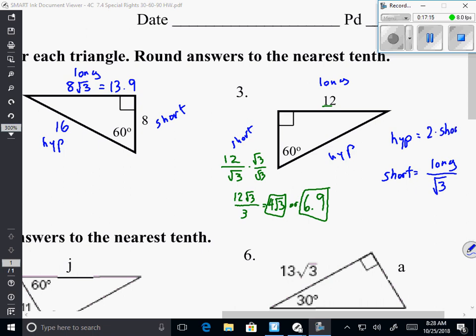I'm sorry, short leg times 2. So I need to take one of these, and I prefer you take this one and double it. Because all you'd have to do is 4 times 2, 8 square root of 3. And then you put that back in the calculator, and you probably get something like 13.459.